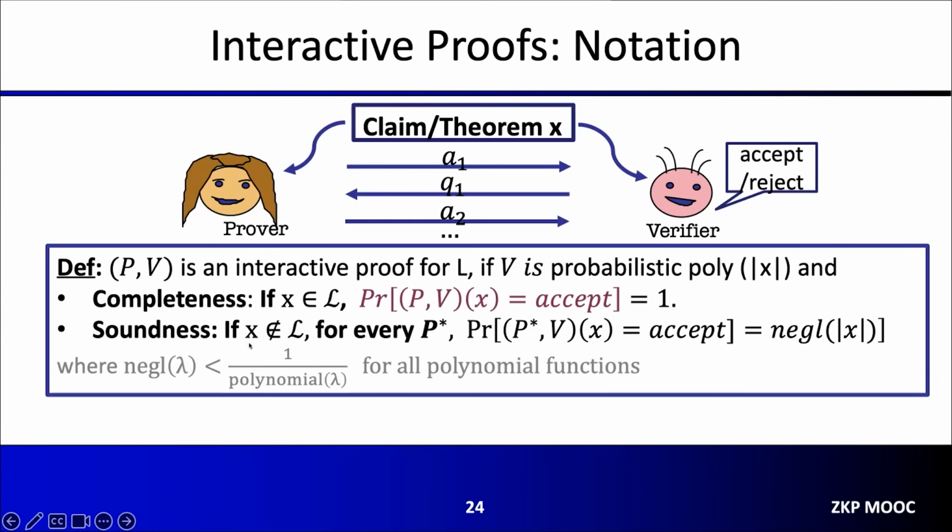And in the soundness case, we say that for all cheating provers P star, the probability that P star interacting with V on input X accepts is negligible. What's a negligible function of the length of X? That's a function that grows slower than any 1 over polynomial. So 1 over 2 to the length of X is an exponentially small function, smaller than 1 over polynomial for any polynomial.